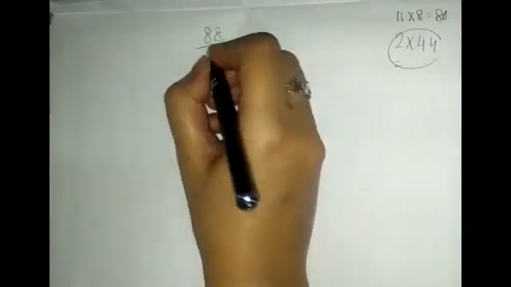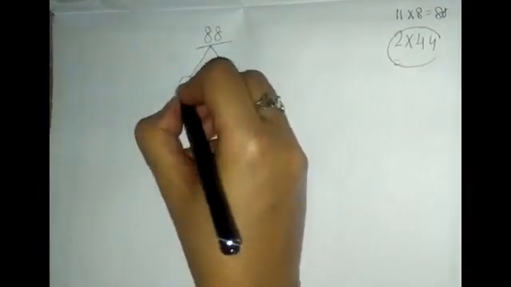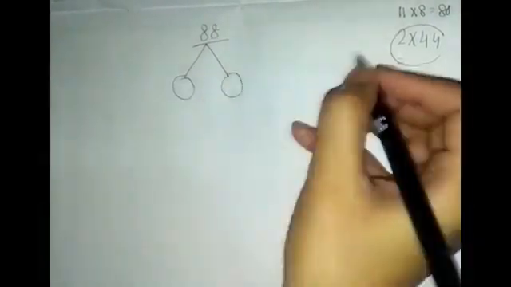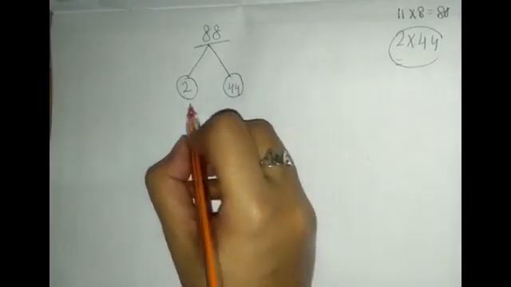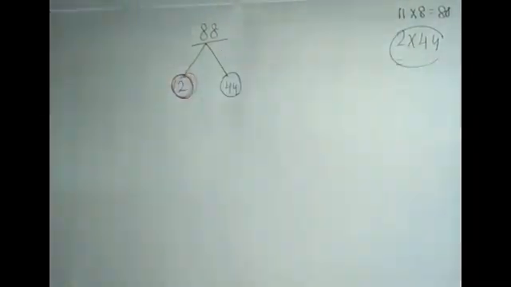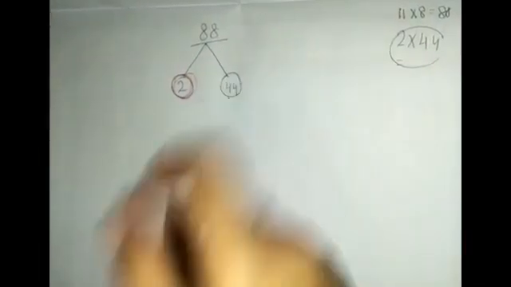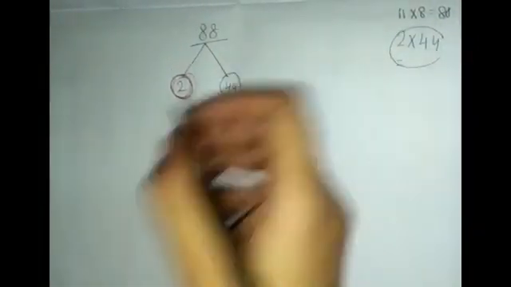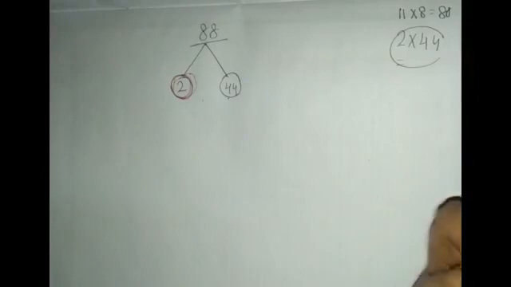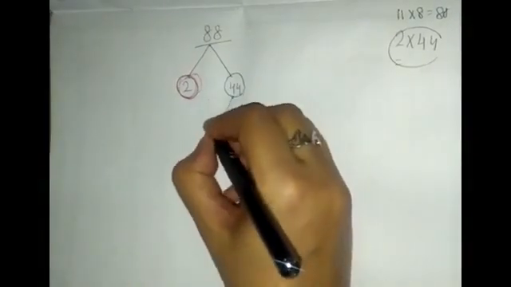So same, split this number: here 2, here 44. This is a prime number, so I'm going to use the red pen here. Extend this. Now again, think of a pair of numbers which give the product 44. 22 into 2, right?